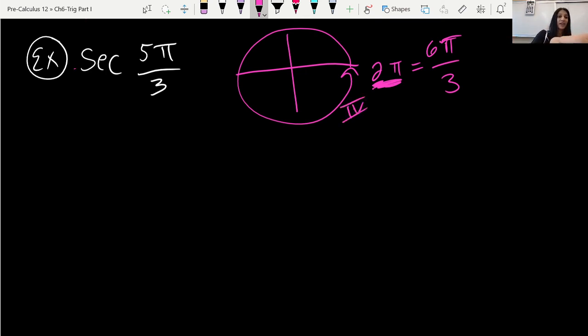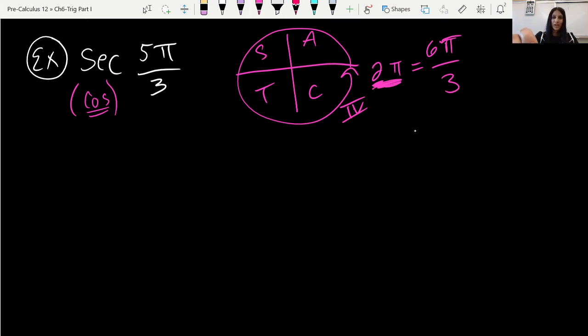The other thing I want to think of is if I'm doing secant, I know that secant is the one that goes with cosine. So I'm going to put that in brackets here because when I do the All Students Take Calculus thing, I know that this is going to give me a positive answer because it's in the fourth quadrant and cosine and secant would be positive there.